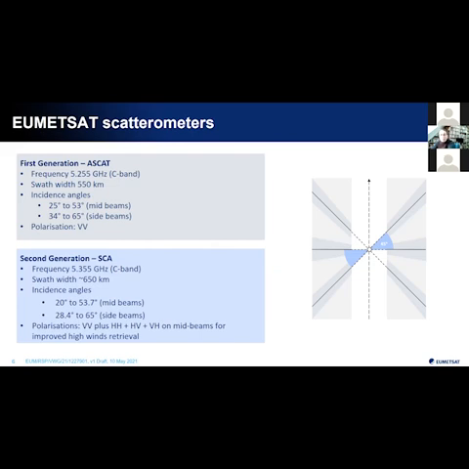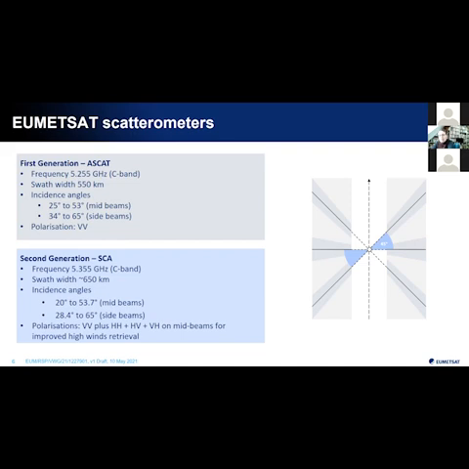That makes 6 beams. We have a swath width of 550 kilometers covering an incidence angle range, as you see on the slide. And ASCAT is only operating in VV polarization, so it transmits vertical and receives vertical.